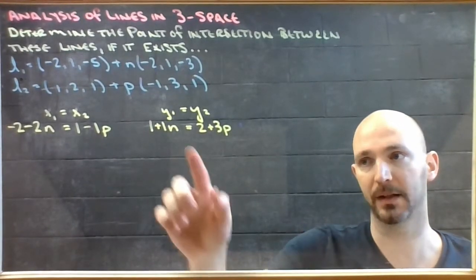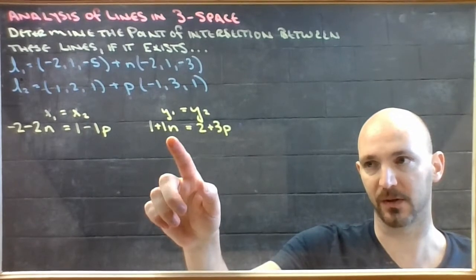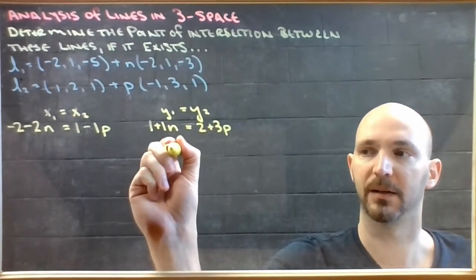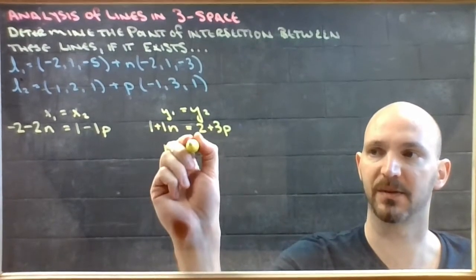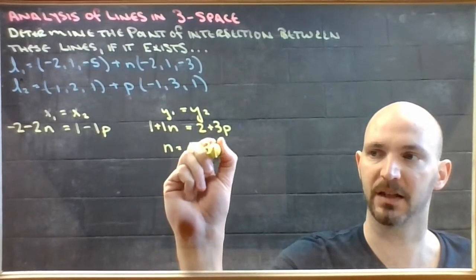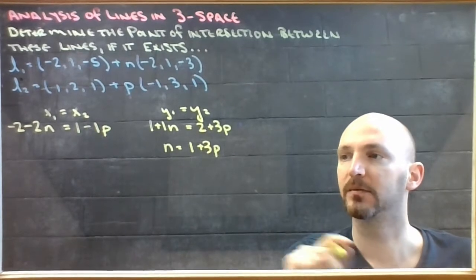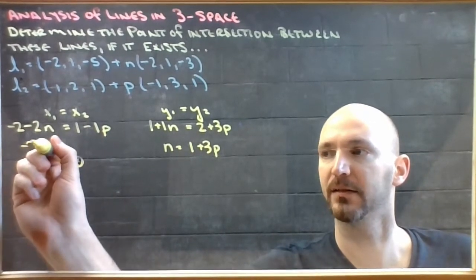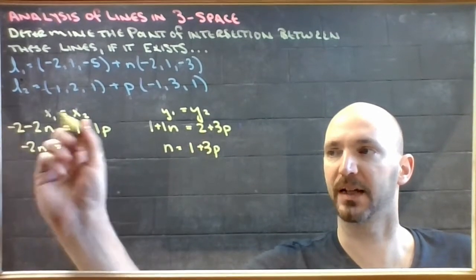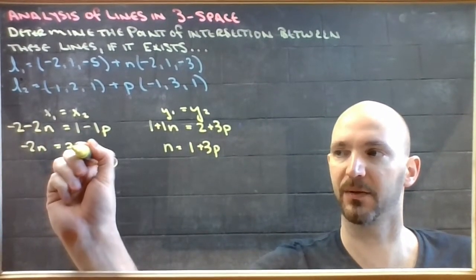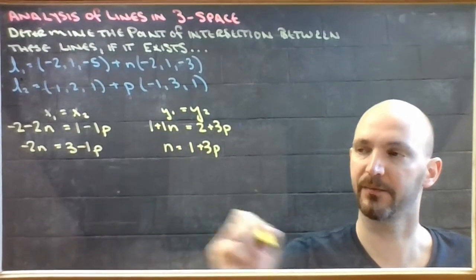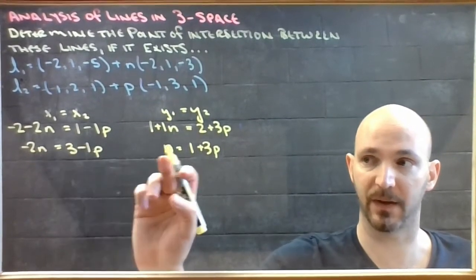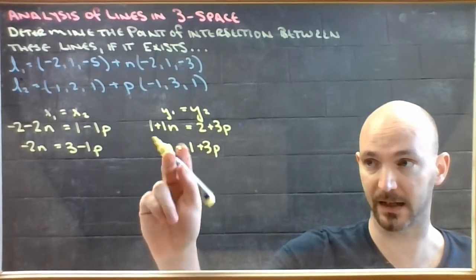Alright, so I'm going to get this n by itself because there's only one of them. So take 1 over to that side. I end up with n equals 2 minus 1 is 1 plus 3p. Over here, I have minus 2n equals, bring that over, 1 plus 2 would be 3 minus 1p. I can get a match between these two things if I double this and make it negative.